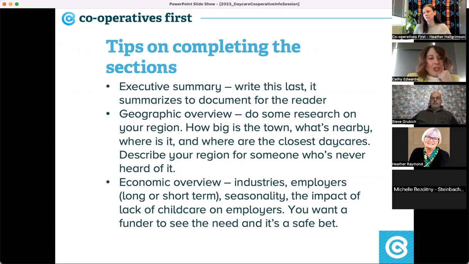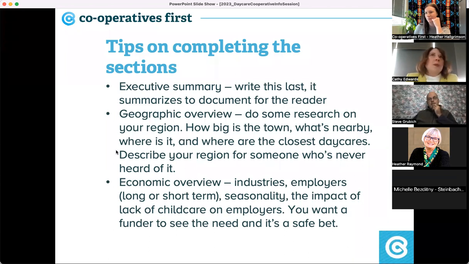You also need to touch on an economic overview. We don't want to only be thinking about private industry here. It's really important to think about public service and institutional offerings in your community. For example, schools and hospitals are big institutional and economic drivers that have a lot of staff who are going to require a lot of childcare.